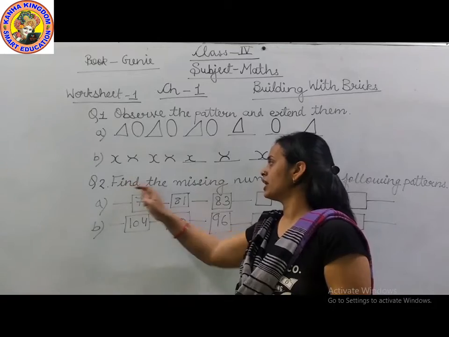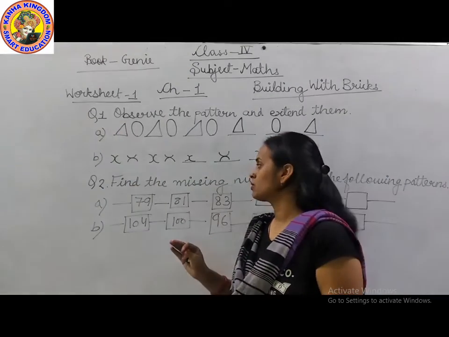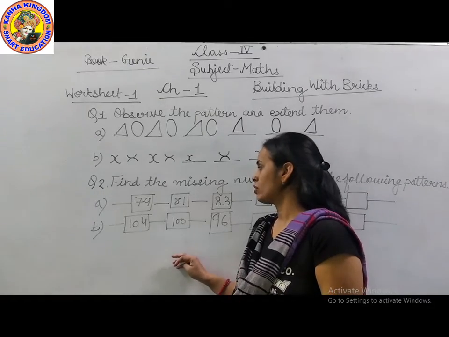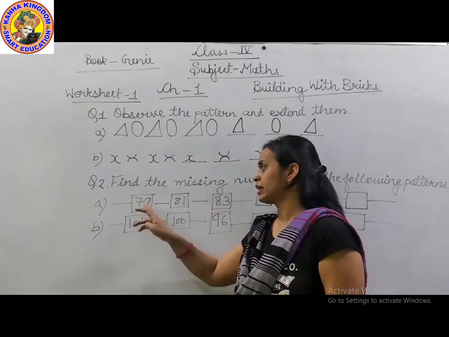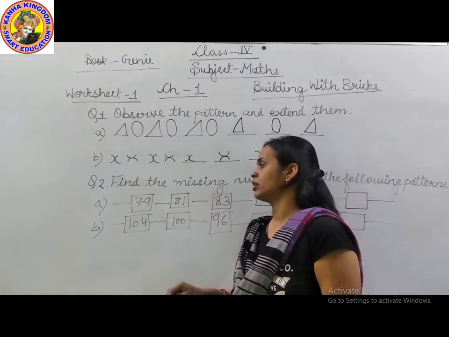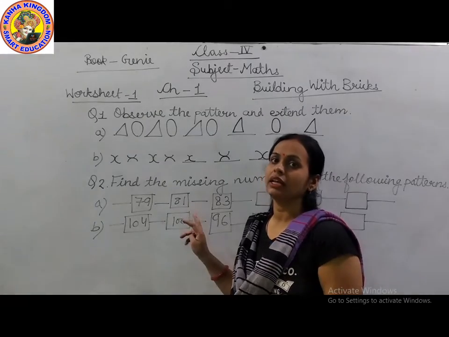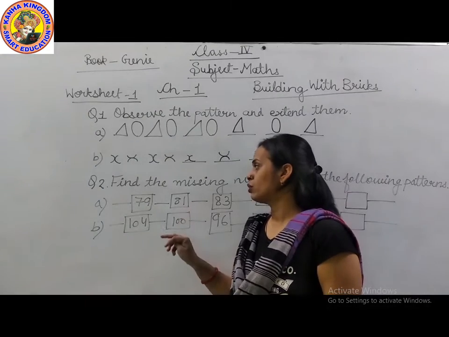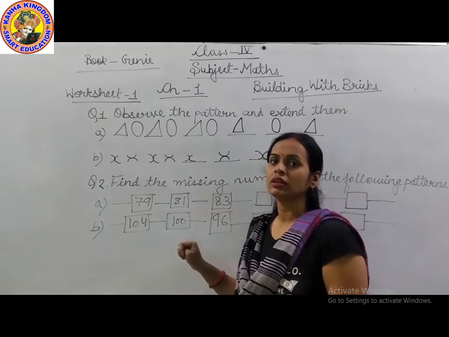Now next is: find the missing numbers in the following pattern. Next question is find the missing number. So question number A, 79, 81. So 79, 80, then 81. So we have to add how many numbers? 2.